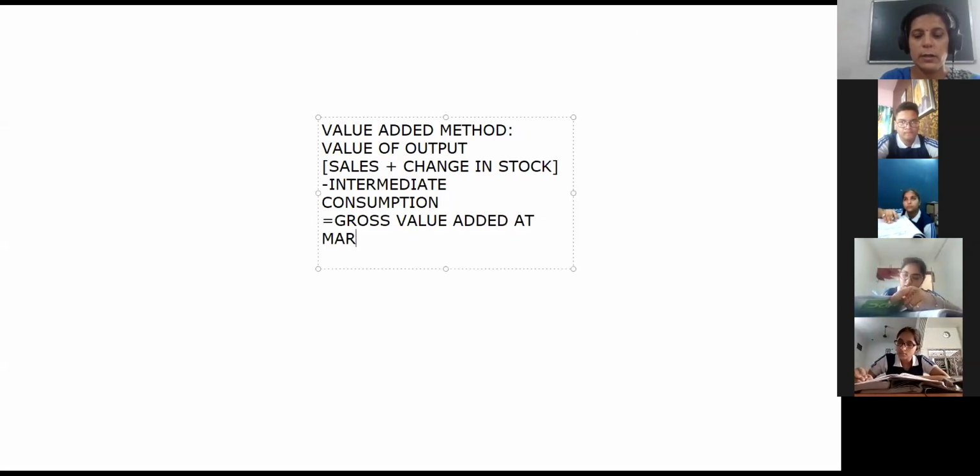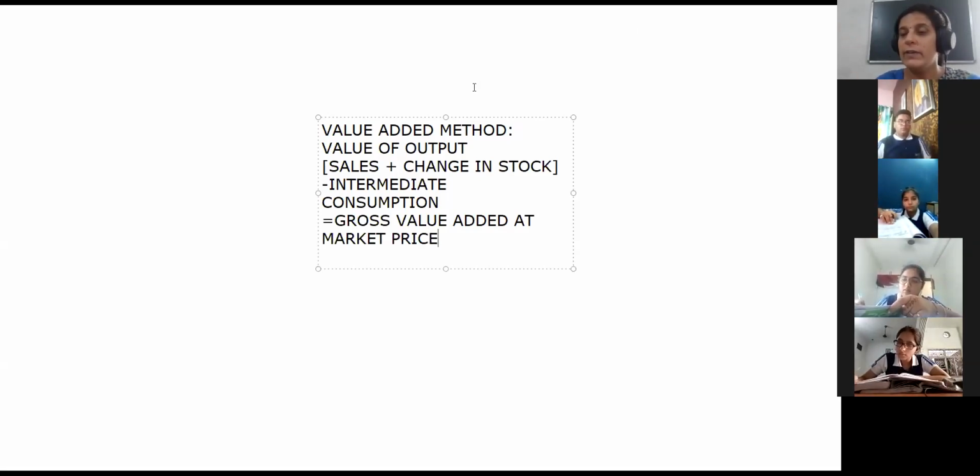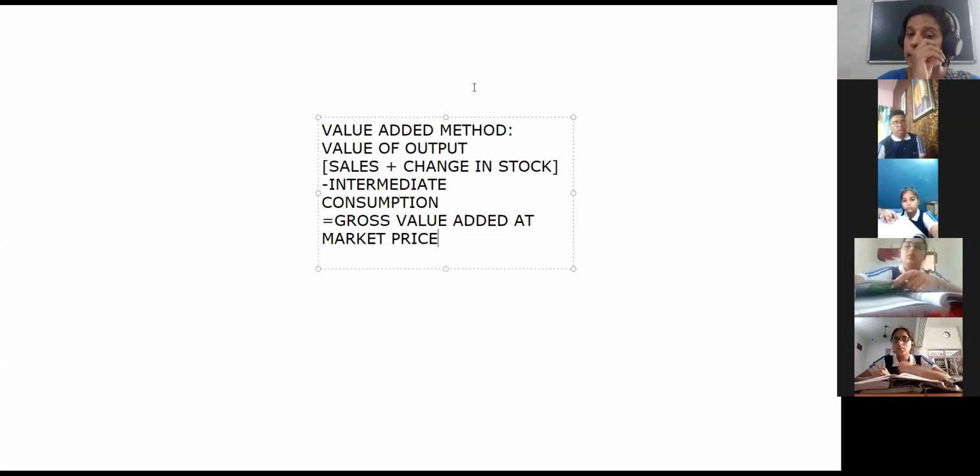at market price. Okay, so this is gross value added at market price. Gross, why? Because whenever we are producing goods, we have some depreciation, because in every fixed asset there is depreciation. And at market price means that all these commodities are valued at the market price, meaning indirect taxes are included.